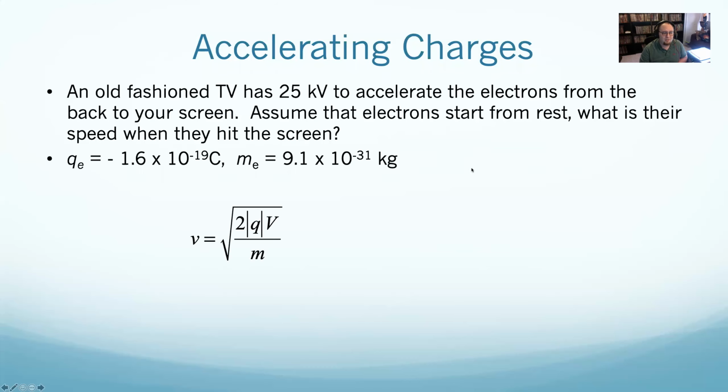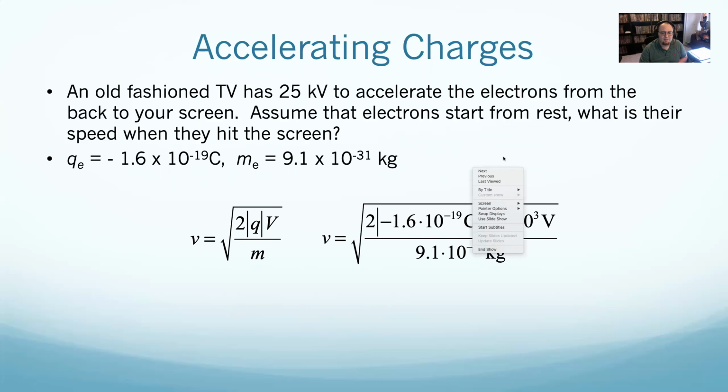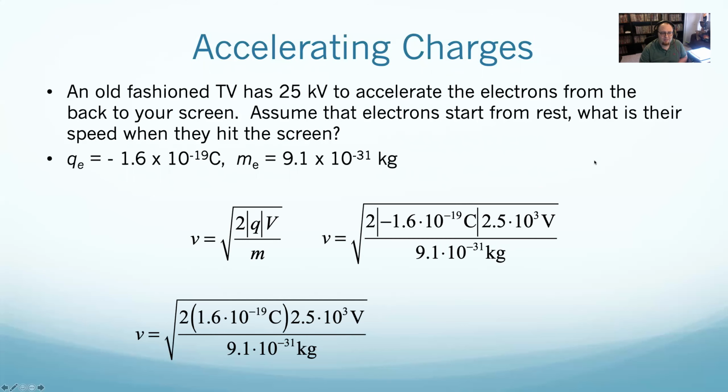Because the velocity would just go by this. So I can plug in values, take my absolute value and get a speed. And the answer is you get relativistically high, close enough to the speed of light that you probably should be dealing with the speed of light and what that means, which is something we'll cover at the very end of this semester. But you can really get something going quickly.